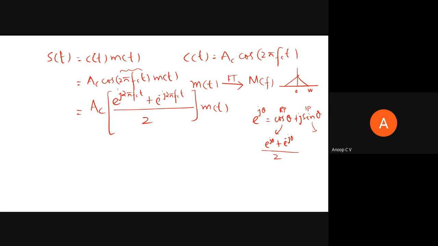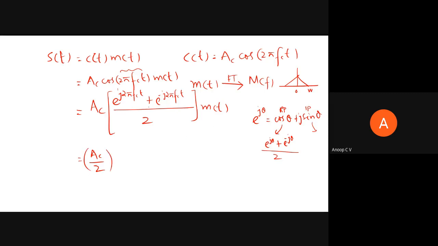So that's why I have written cos 2 pi fct as e power j 2 pi fct plus e power minus j 2 pi fct by 2, where fc is the carrier frequency. Now we have this AC by 2, which is a constant, so let it be there.